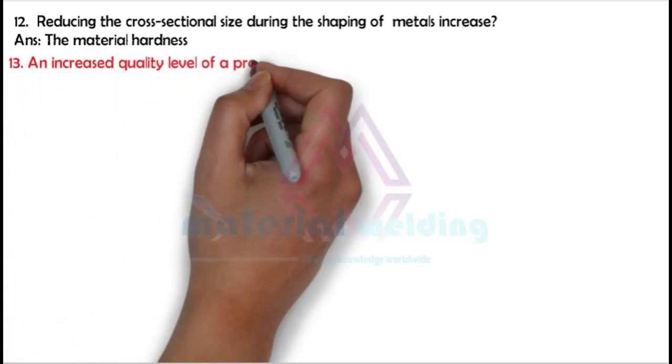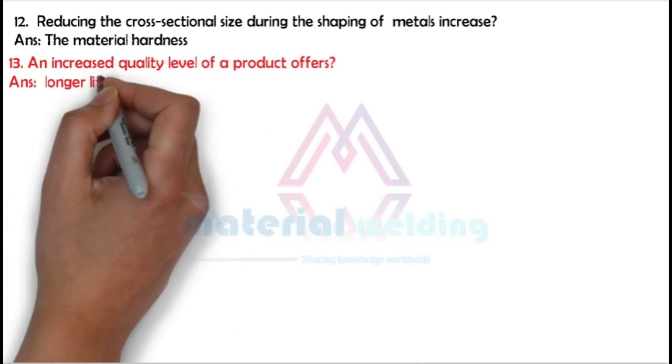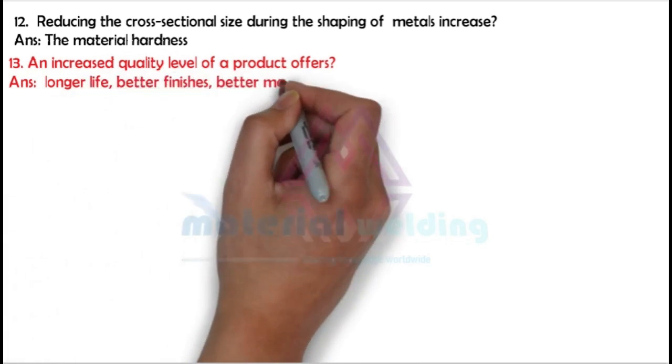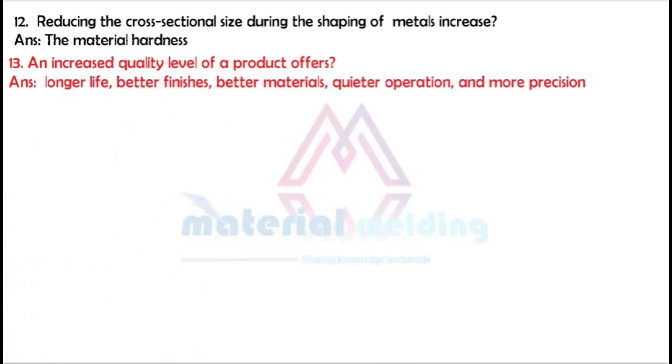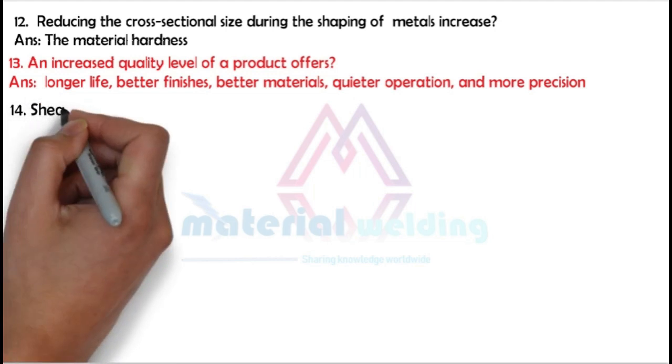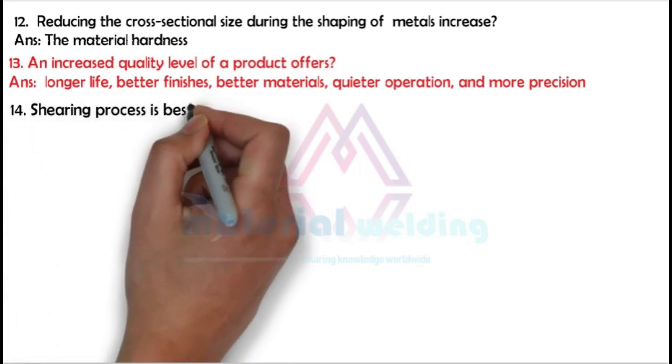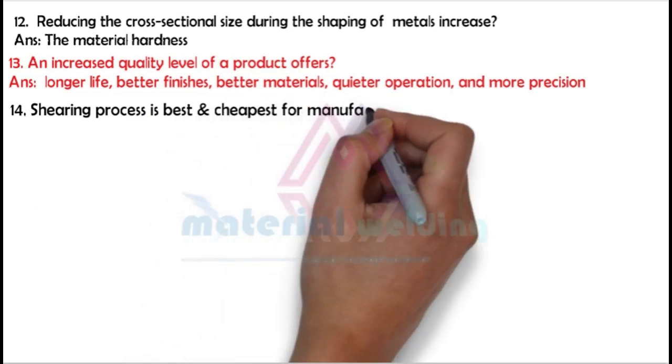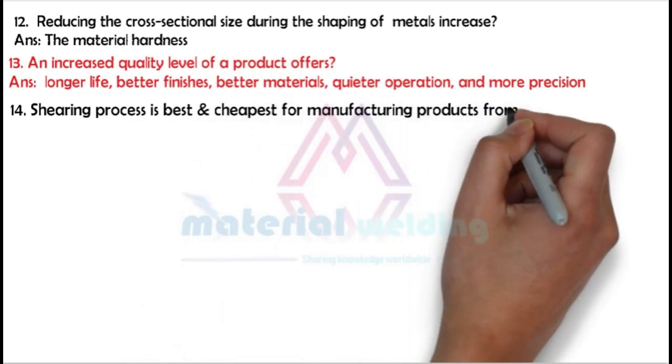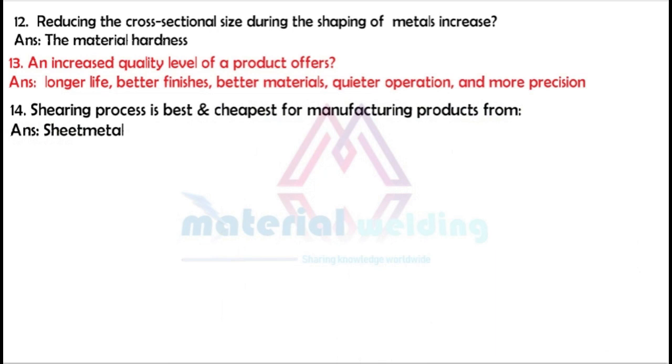An increased quality level of a product offers a longer life, better finishes, better materials, quieter operation and more precision, although at a comparatively increased product cost. Shearing process is best and cheapest for manufacturing products from sheet metal.